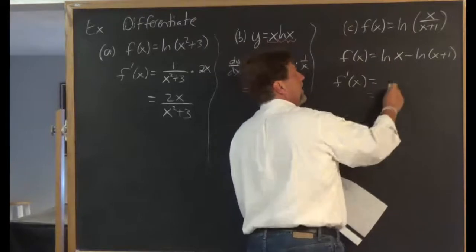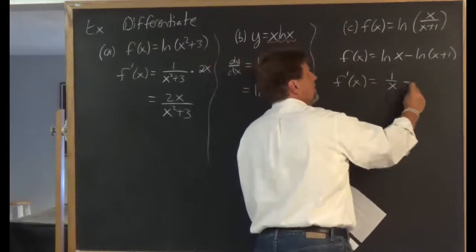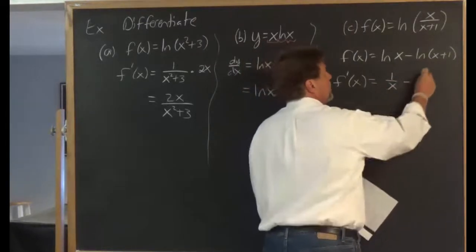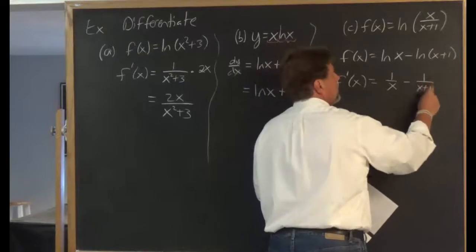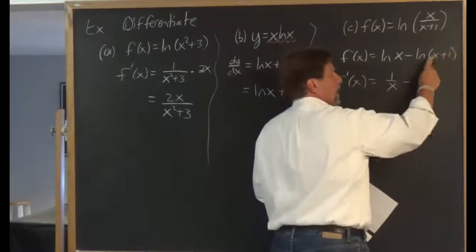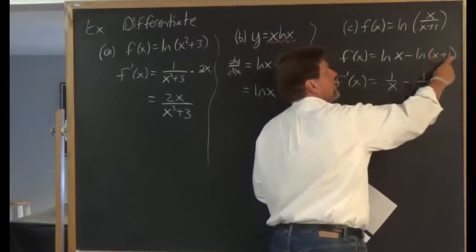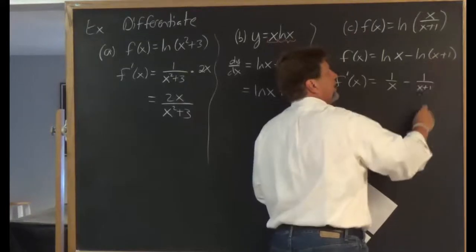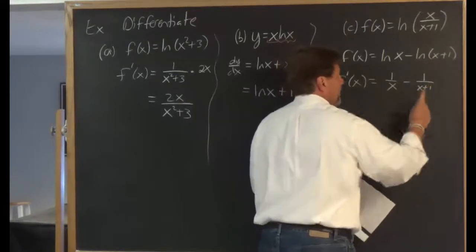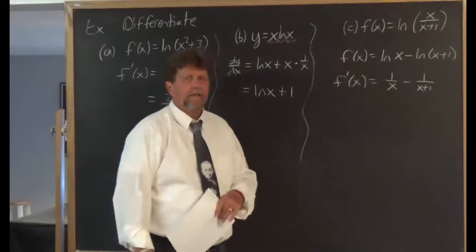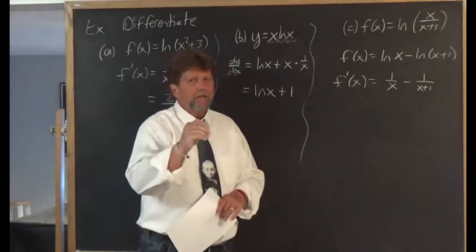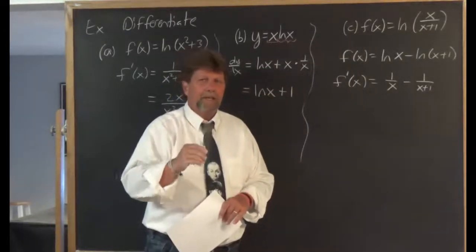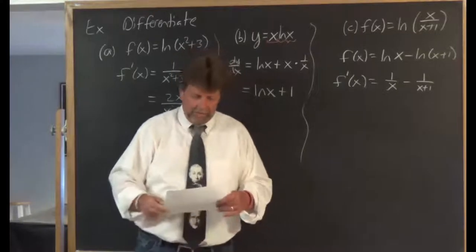The derivative of ln x is 1 over x. The derivative of ln x plus 1 is 1 over x plus 1, and then chain rule times the derivative of the inside function. Well, the derivative of the inside function is 1. That's it. So one little step of algebra made the calculus a lot easier.